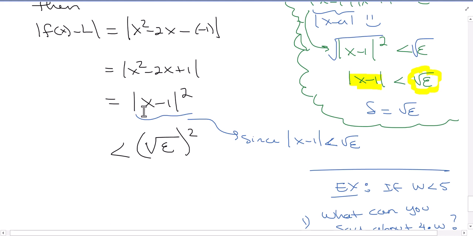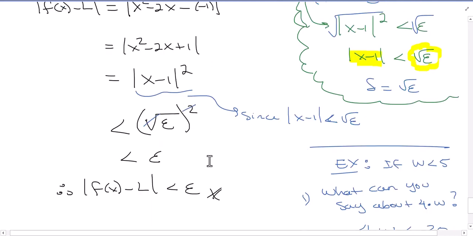So then the absolute value of x minus 1 squared is less than the square root of epsilon squared. But then the square and the square root undo each other, so I'm just left with epsilon. Therefore, we were able to prove that f of x minus L is less than epsilon. And we're done with that proof.